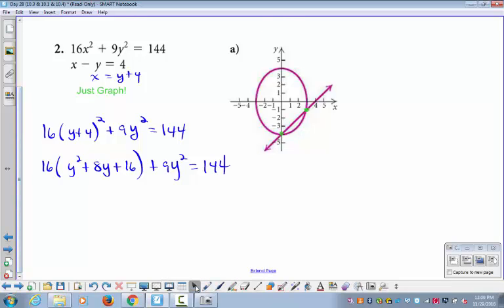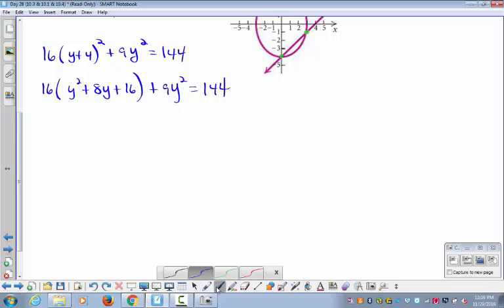Let's do some distribution over here to get this all cleaned out. 80 plus 48, that's 128. Finally, we're getting to some like terms here.